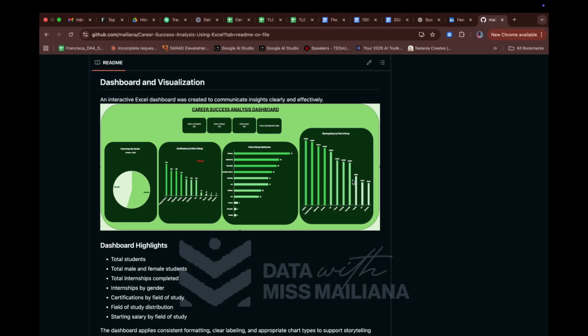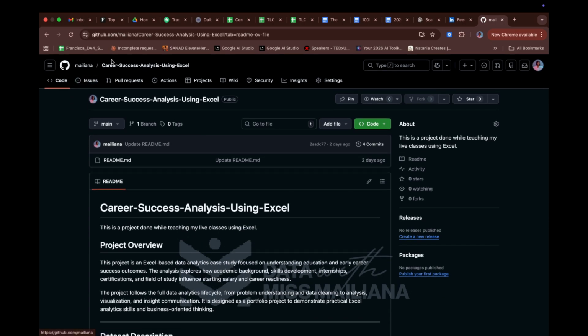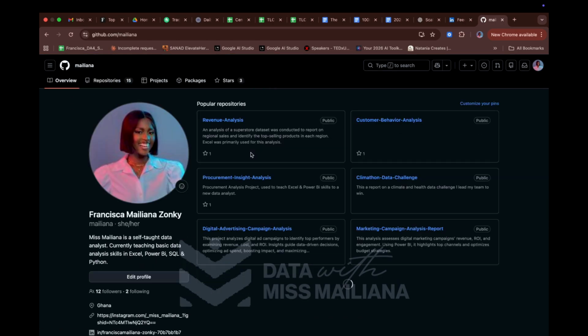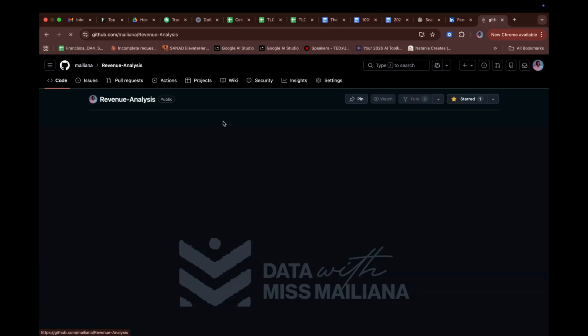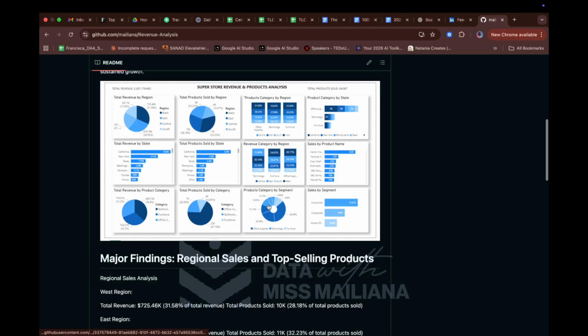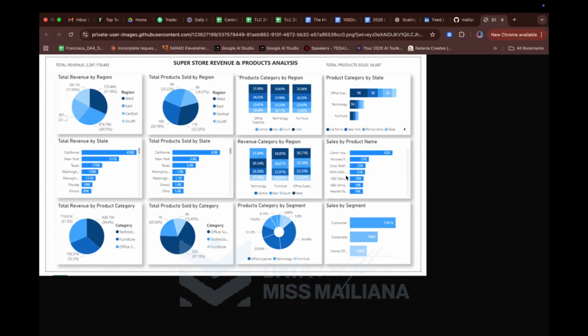All right, so let's go back to my repositories again, and let's look at revenue analysis. This is another project, and this is another dashboard which is very old. This is a superstore revenue analysis project, and this is the dashboard.